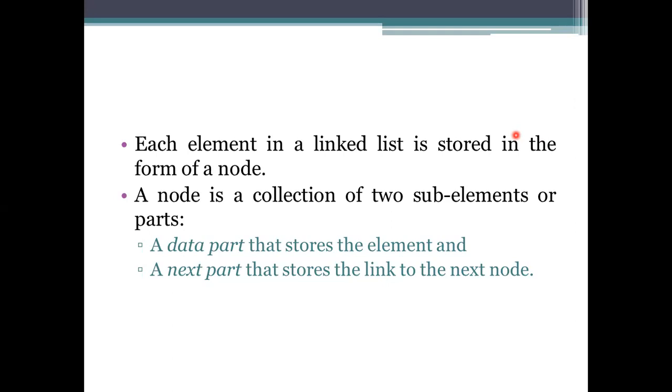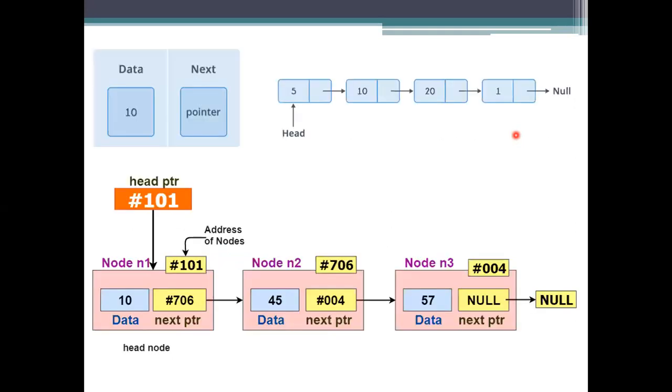If not, it will be specified as null. If you see this example for representation, a data element which is 10 has two parts: the first is the data part and the next is the next part, which is considered a pointer.